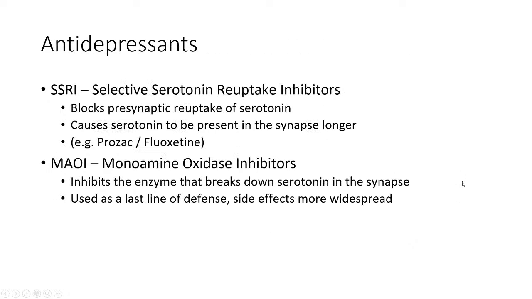All right, so we mentioned earlier the most common type of drug used to treat depression is an SSRI, or selective serotonin reuptake inhibitor. What is reuptake? Well, that is when we have released a neurotransmitter into the synaptic cleft, and now we need to stop stimulating the second neuron.